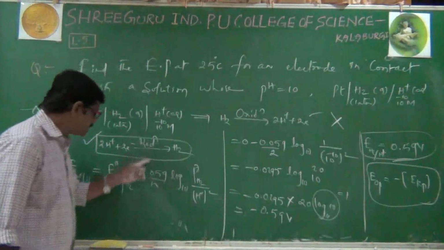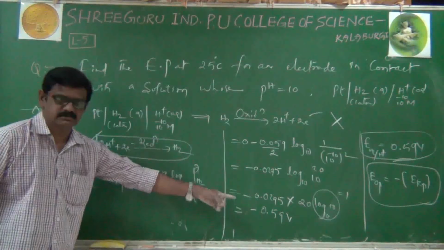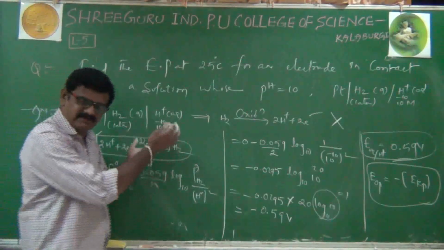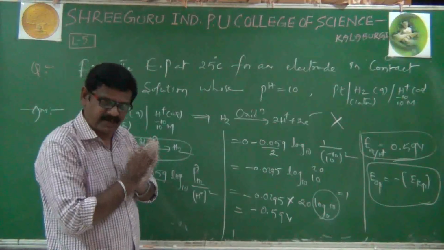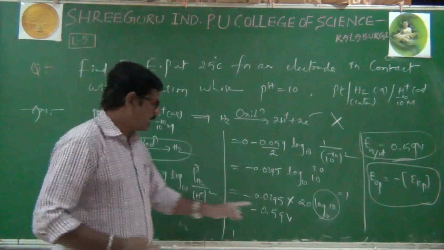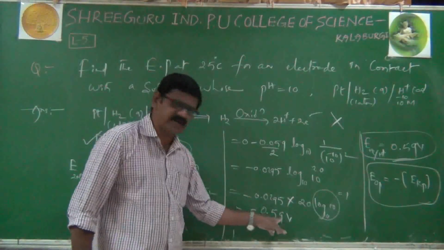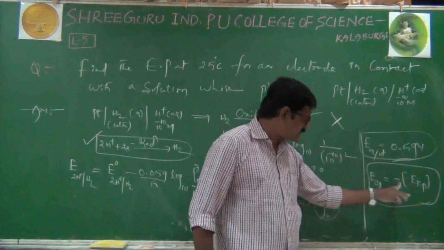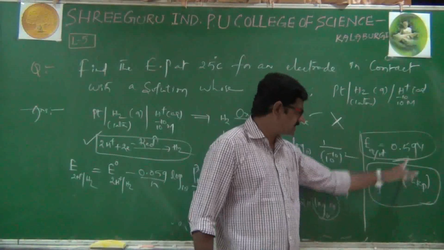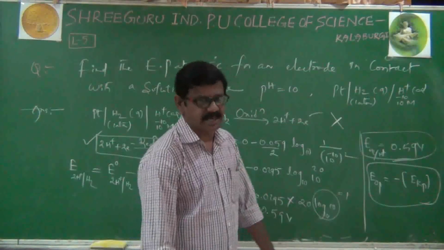First we have calculated the reduction potential only, because in electrochemistry we follow the reduction process and calculate reduction potential values mostly. The reduction potential value is minus 0.59, but we want the oxidation potential, so minus of minus will ultimately give a plus sign.